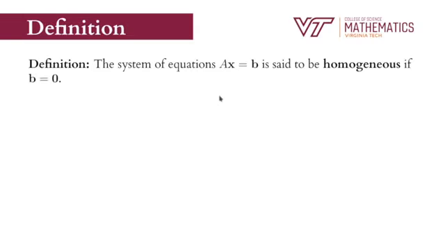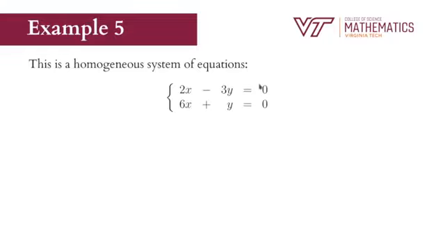All right, we have seen this definition before. I'm just reminding you. The system of vector equations Ax equals b is homogeneous if b is equal to 0. This is an example of a homogeneous system of equations.